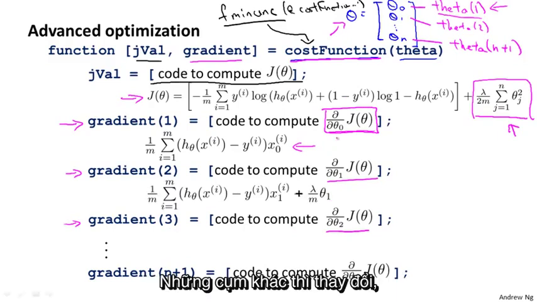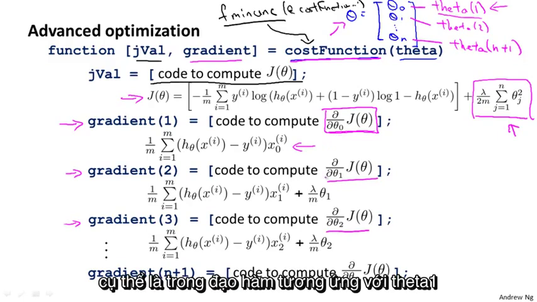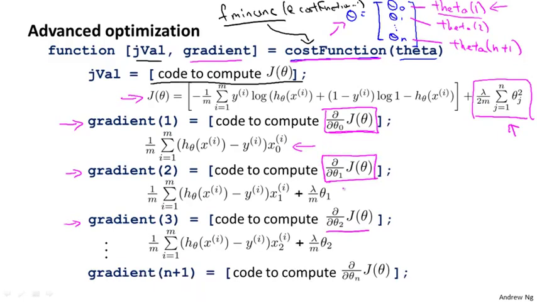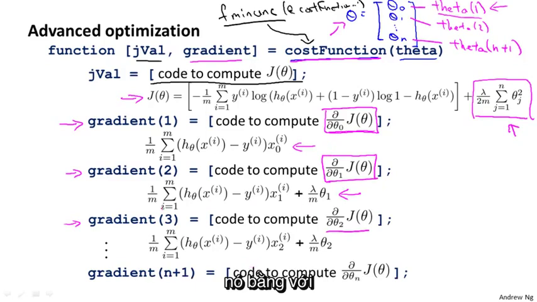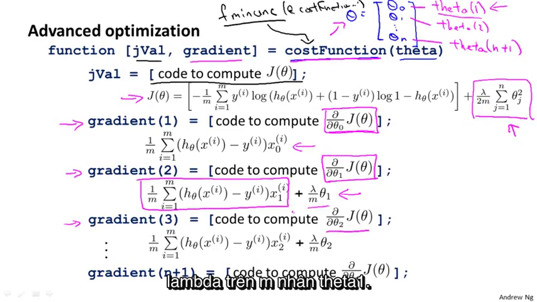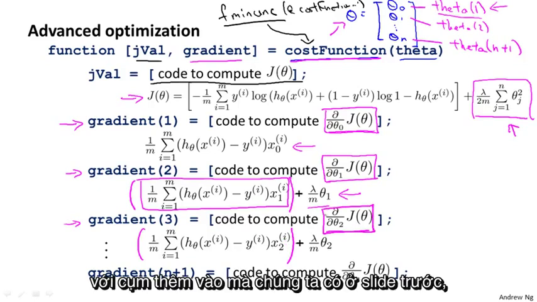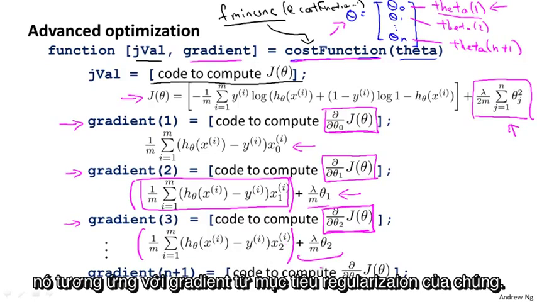And the other terms do change. In particular, the derivative with respect to theta 1, which we worked out on the previous slide as well, is equal to the original term plus lambda over m times theta 1. Just so we parse this correctly, we can add parentheses here so the summation doesn't extend. Similarly, this other term here looks like this, with this additional term that we had on the previous slide that corresponds to the gradient from the regularization objective.